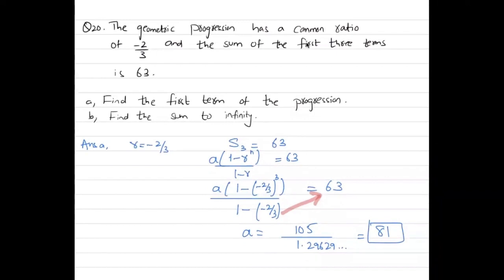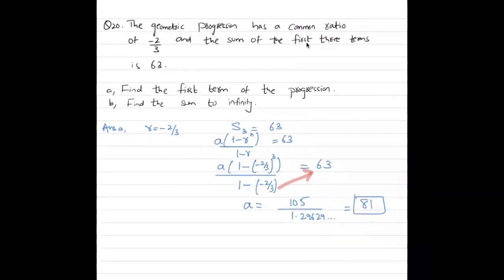Now, the second part is asking for the sum to infinity. Why do you think the sum to infinity exists? The common ratio is between -1 and 1. The common ratio is -2/3, which is between -1 and 1, so it is going to be a convergent series. So a value is 81 over 1 minus r.